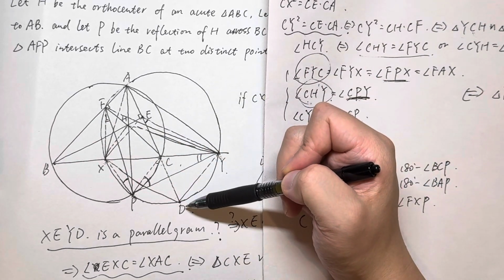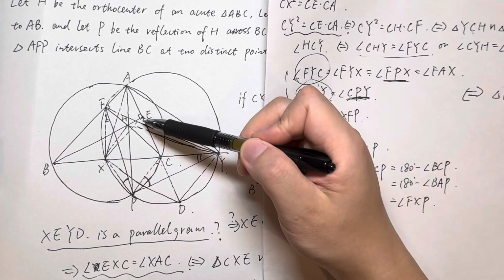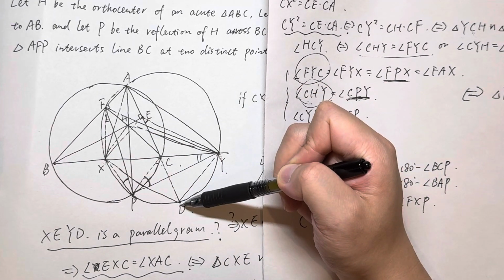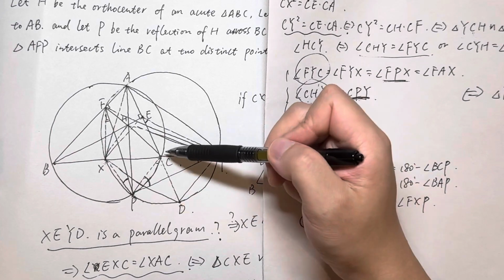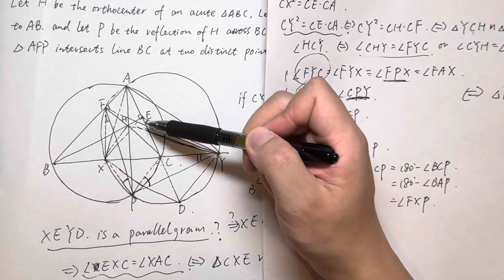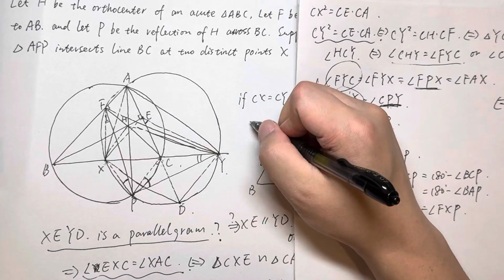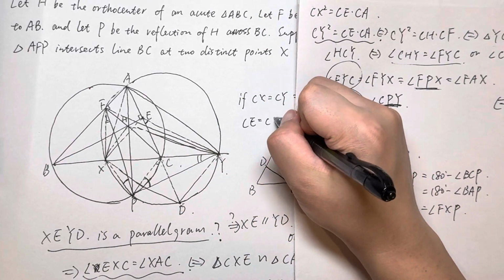So it is true that XEYD is a parallelogram, which means the diagonal XY and the diagonal ED bisect each other, which means not only CX equals CY, but CE also equals CD, right? CE equals CD.